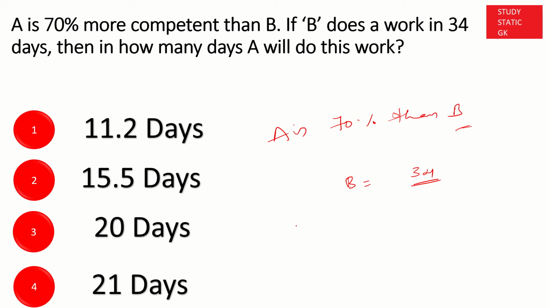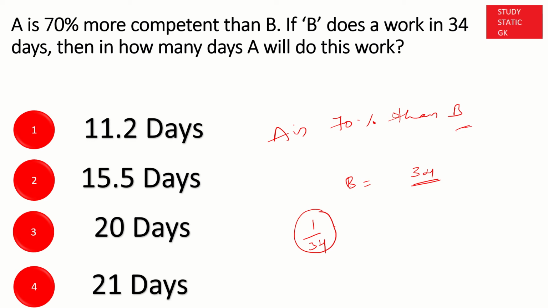Now the calculation part. So here 70% more competent means, so if B completes a work in 34 days, A completes the same work in how many days? So 1 by 34 is the total work done by B per day, right?